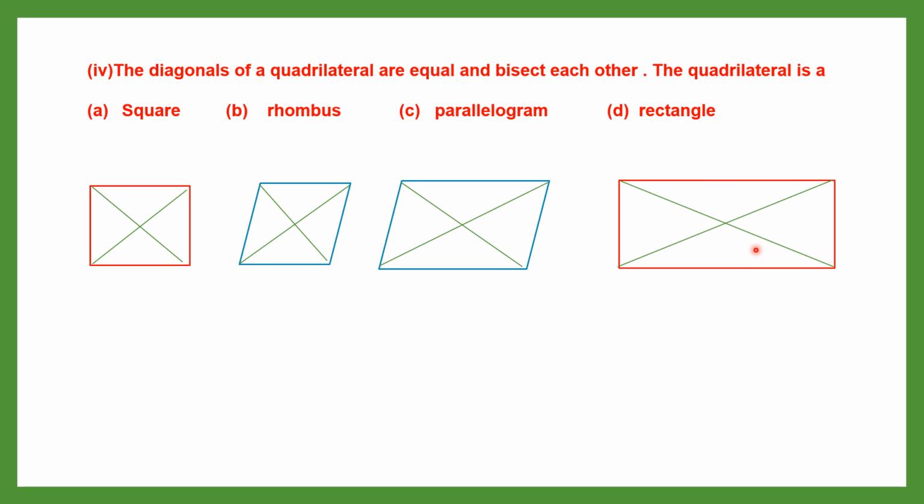Now the rectangle is a quadrilateral whose diagonals are equal and they bisect each other. So we have the four figures here to help our understanding better. So the answer to this question is answer D, rectangle.